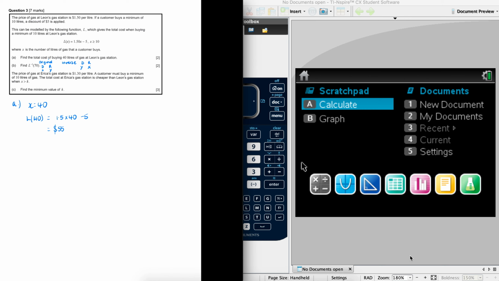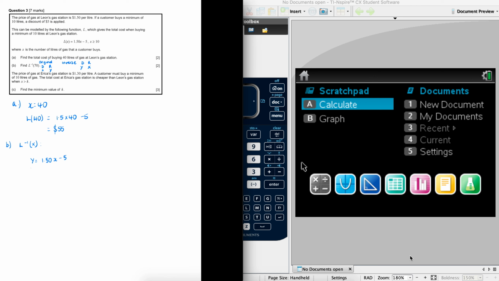So there's two ways to do this. The first way is to find the inverse function, which is a little bit more work, and then substitute the 70 in. The other method is just swapping them round straight away. I'll show you both methods. The first is to actually find the inverse function. At the moment we have y is equal to 1.50x minus 5.